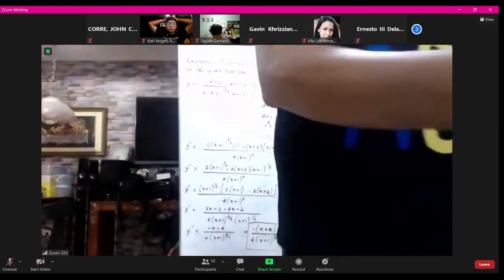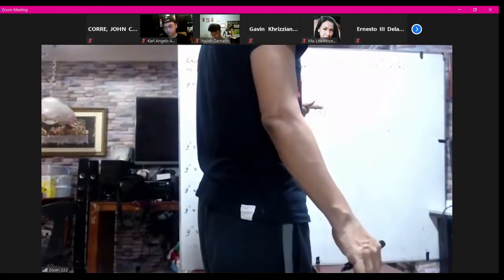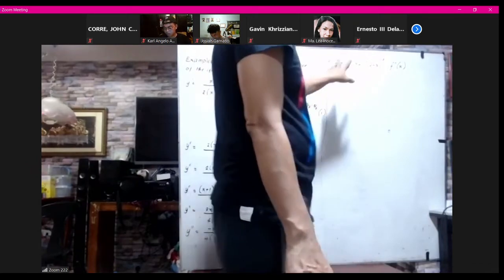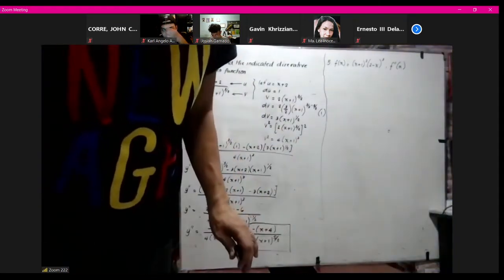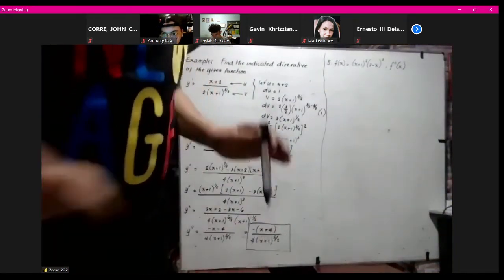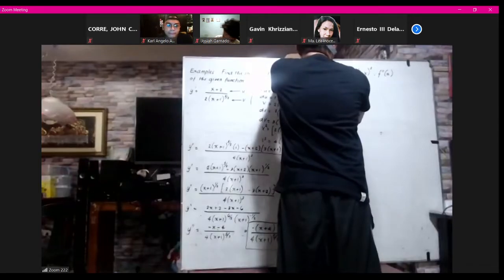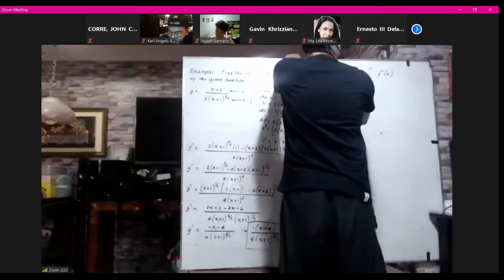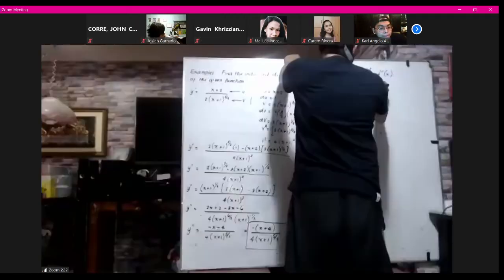Okay. So, second derivative of function of x. Ngayon, dahil ito yung multiplication at dalawang terms, so papasok tayo sa product rule. Okay? So, product rule. So, solution natin, by product rule.